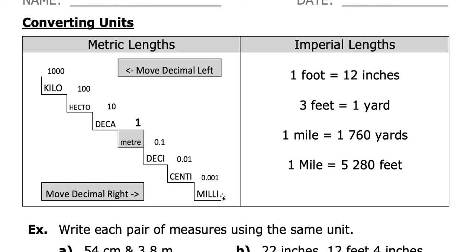So we can be measuring lengths, we could be measuring volume, as well as we could be measuring weight. These prefixes will remain the same. In this case, we're talking about lengths, so meters are the basic or standard unit for the metric system. That being said, if we are converting, we can think of moving the decimal to the left or to the right because they are powers of 10.